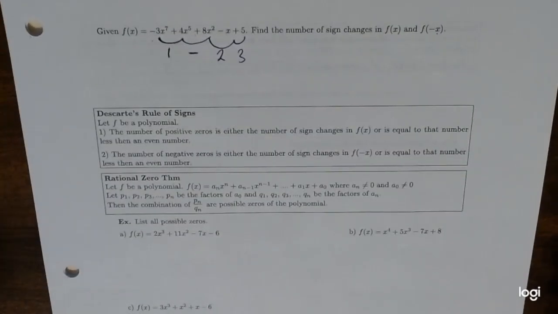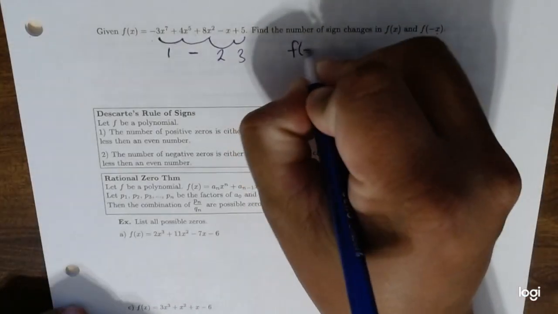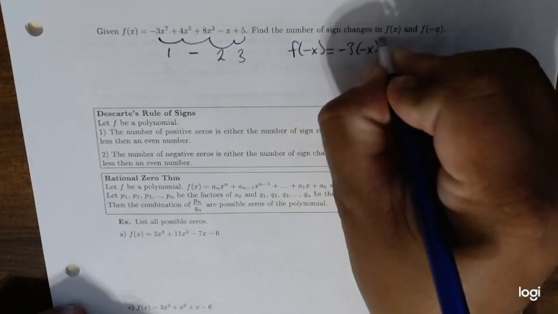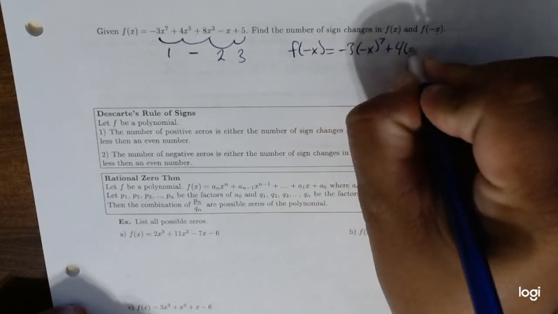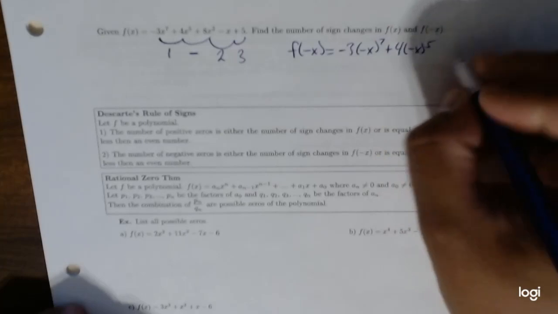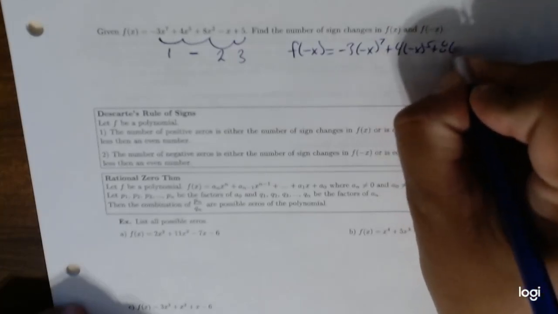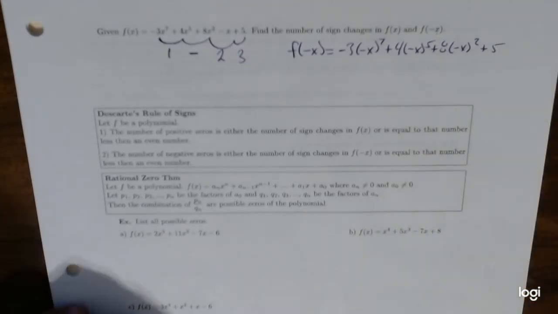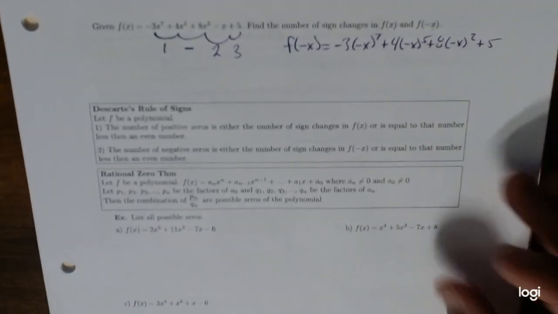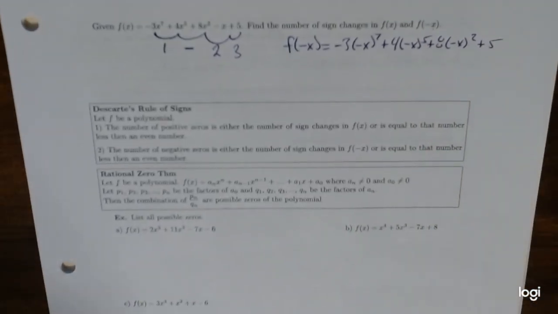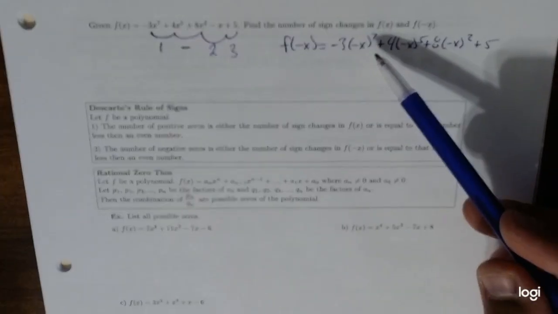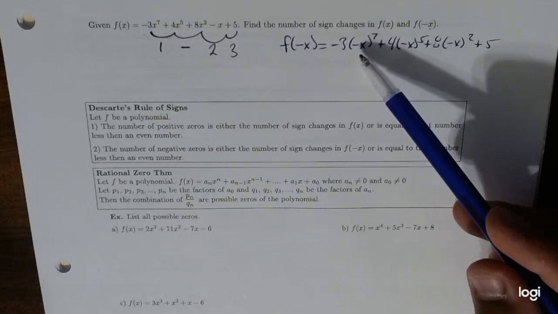Okay. Now we're going to do the same thing for f of negative x. That means we're just going to plug in negative x everywhere and see what happens. Now, if you remember your rules when it comes to odd and even powers and the negatives: if you have an odd power, this negative will also become a negative.